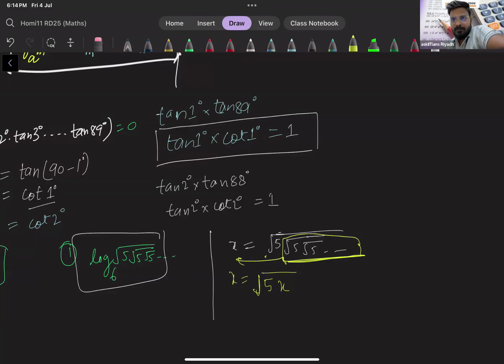Yes or no? Right? So what I've done is I've replaced all these terms with x. Any doubt in this?